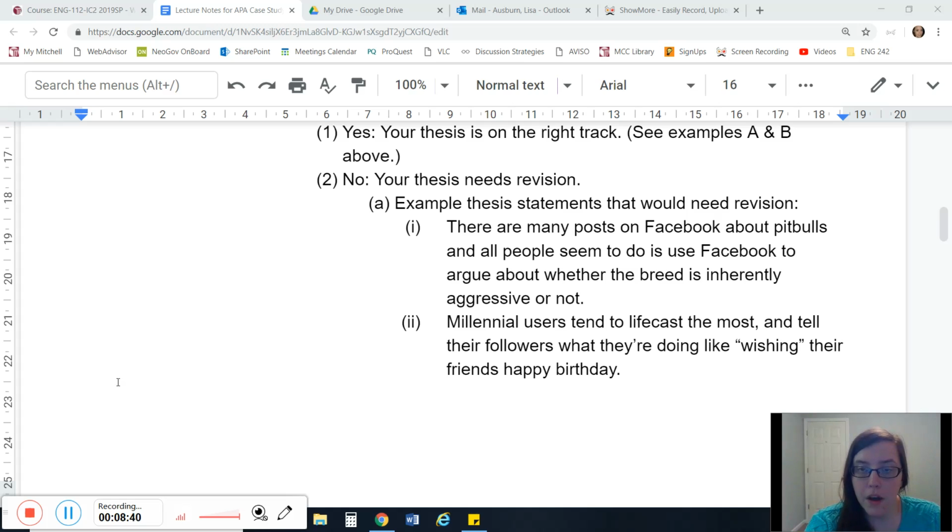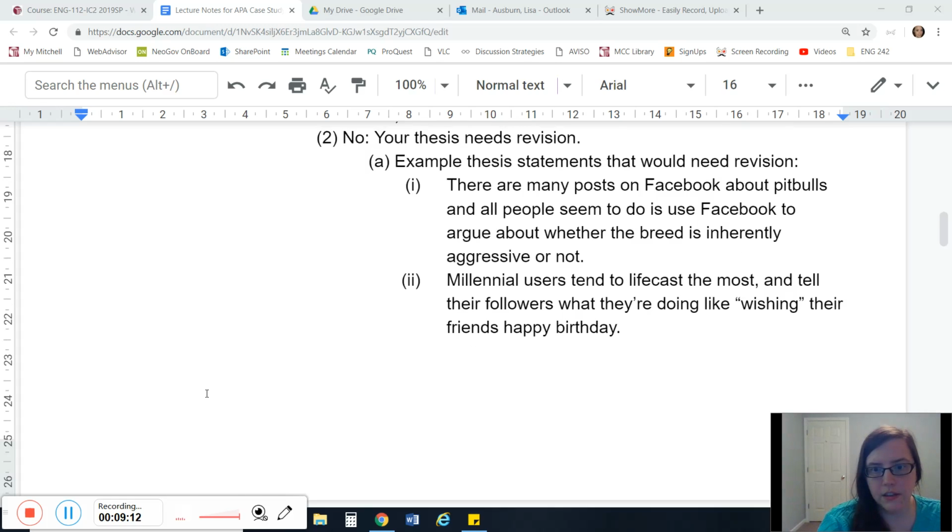If I took out pit bulls, I would have to take out this phrase, and all I would really be left with is, all people seem to do is use Facebook to argue. That's an observation that should lead to an argument about social media. It could help you go in the right direction, but it's just not as effective as a thesis statement as I'm looking for.